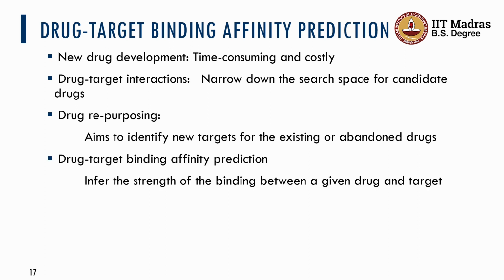And drug target binding affinity prediction helps us to do faster, not only drug search, but also drug repurposing. It tries to figure out, or infer, the strength of binding between a given drug and a target.